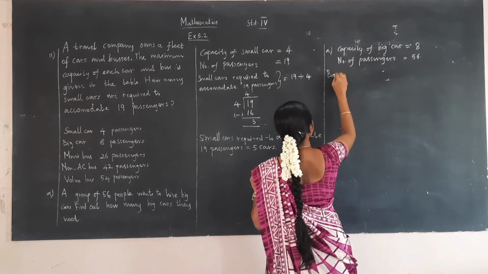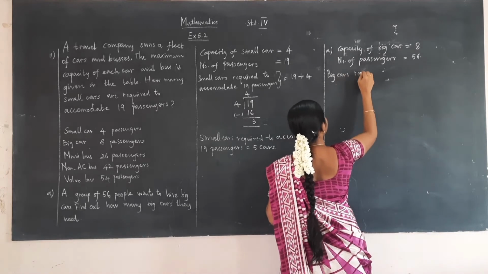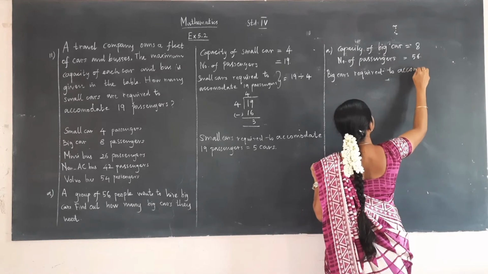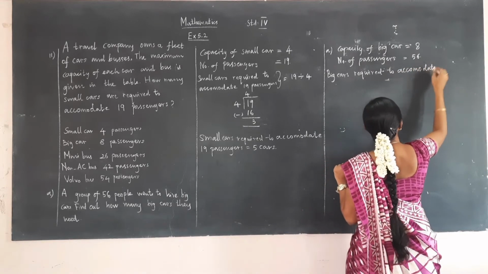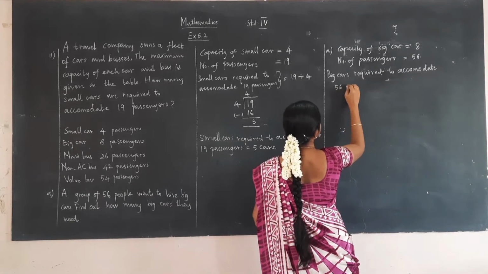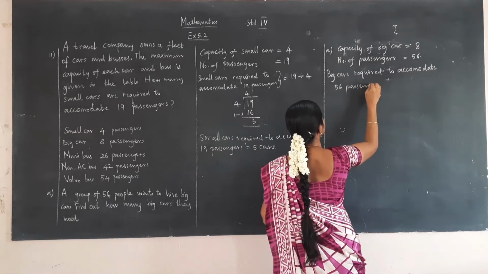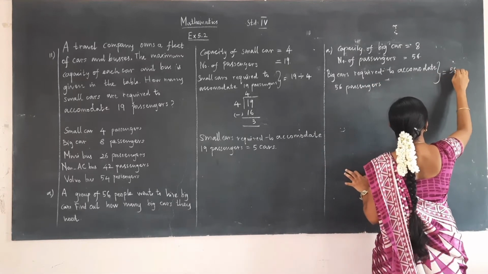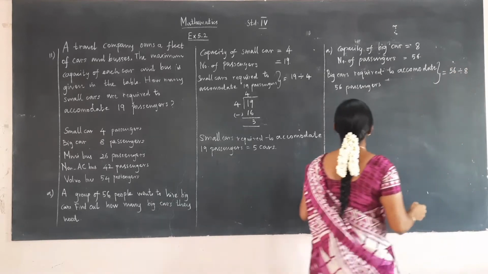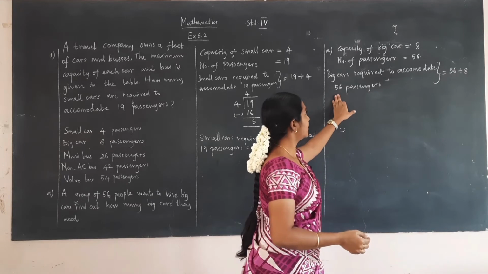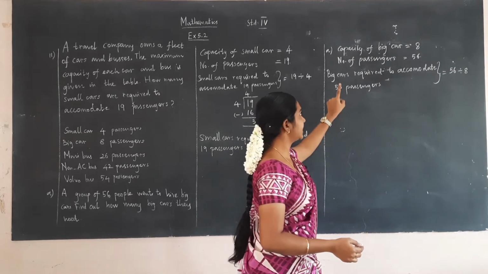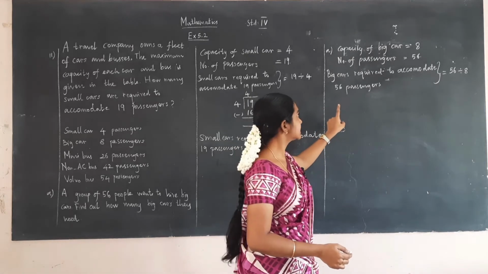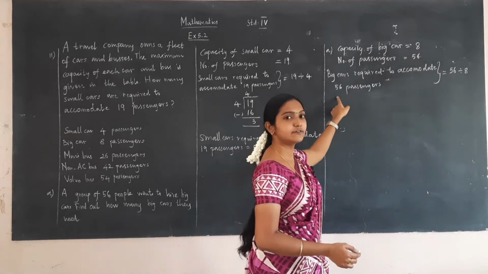Big cars required to accommodate 56 passengers. For this we have to divide 56 by 8. One big car can accommodate 8 passengers. Number of passengers is 56. We have to find big cars required to accommodate 56 passengers.